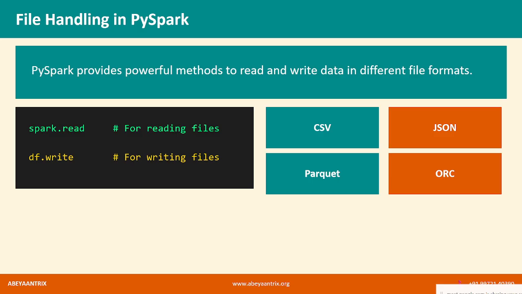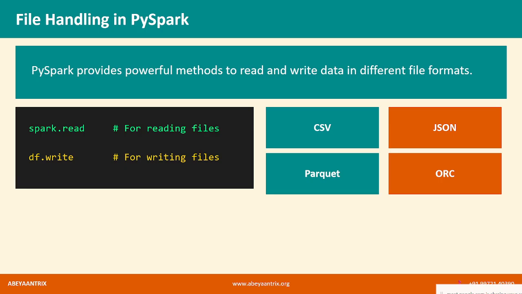When it comes to file handling, so far you have seen the CSV file and JSON file, right? Here you have many other files also. PySpark provides powerful methods to read and write data in different file formats. With pandas you were using CSV and JSON, right?